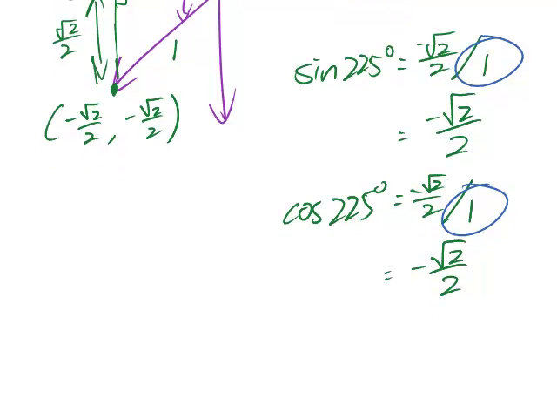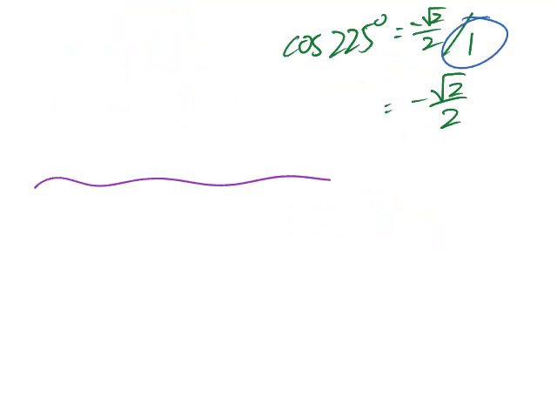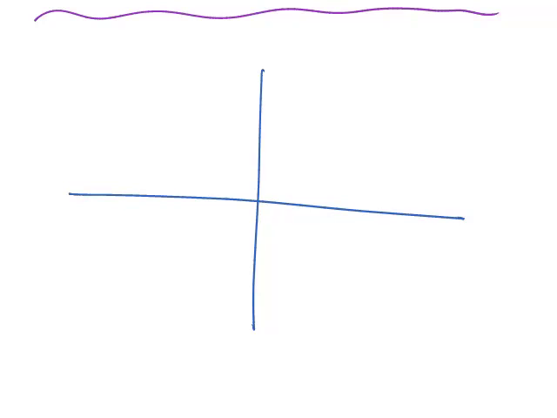Okay, let's do one more example. So this time, instead of just putting in an angle measure and finding the coordinates, we're going to start with the coordinates. This is in the fourth quadrant, so the first coordinate, the u coordinate, is going to be positive.